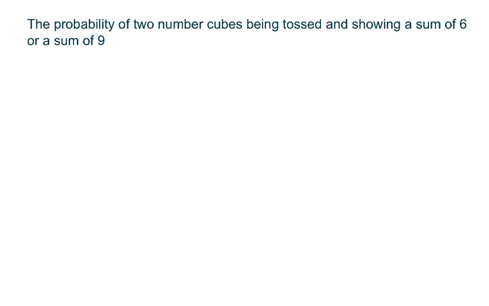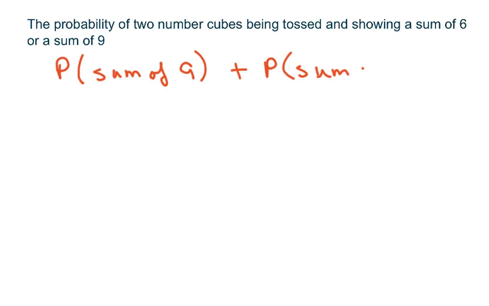Okay, the next one, we have the probability of two number cubes being tossed and showing a sum of 9 or a sum of 6.